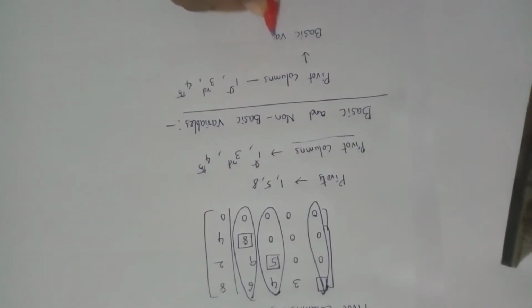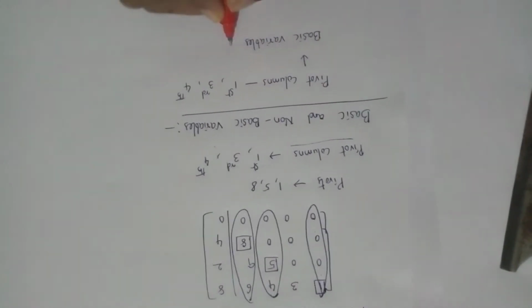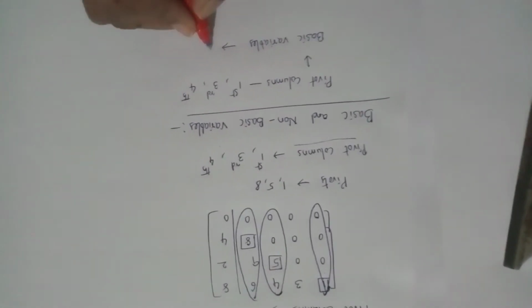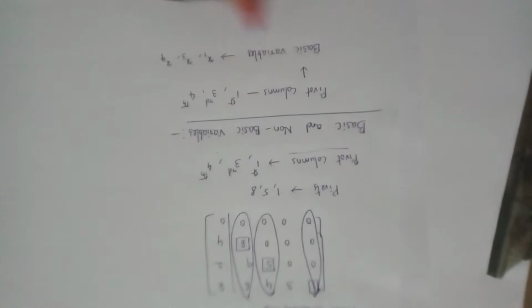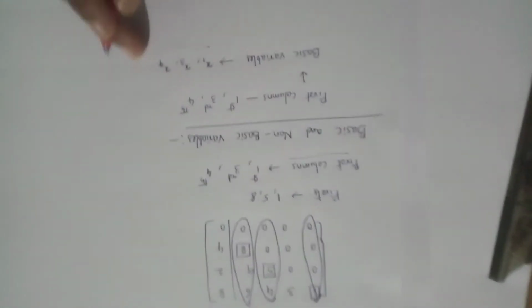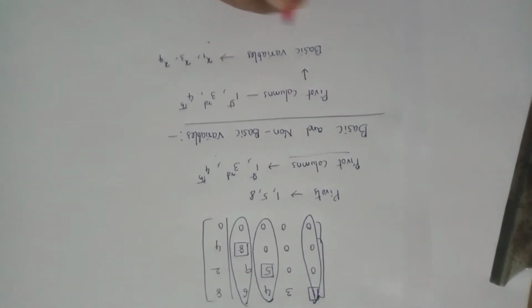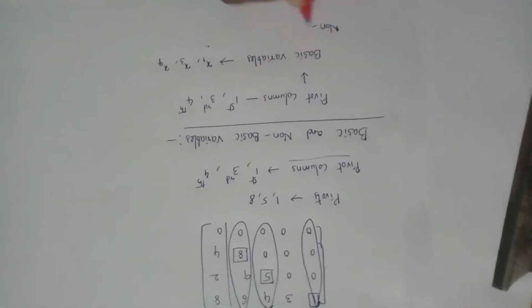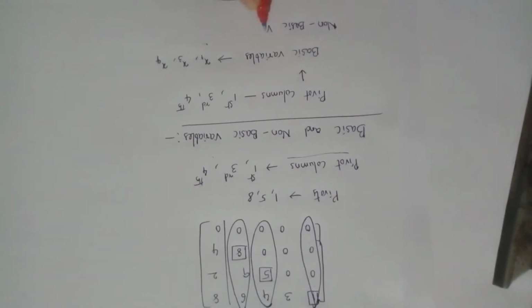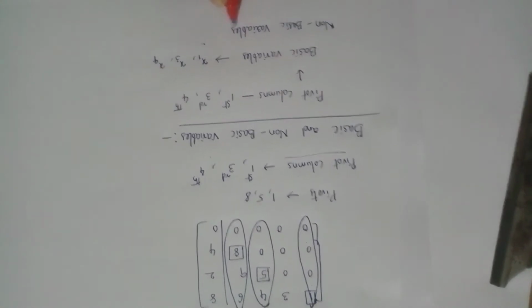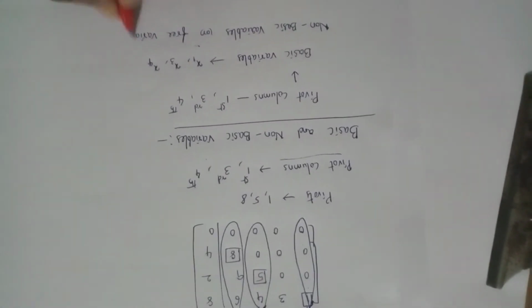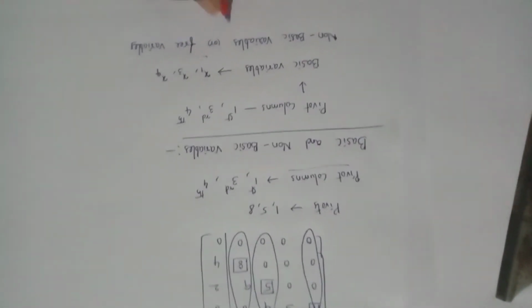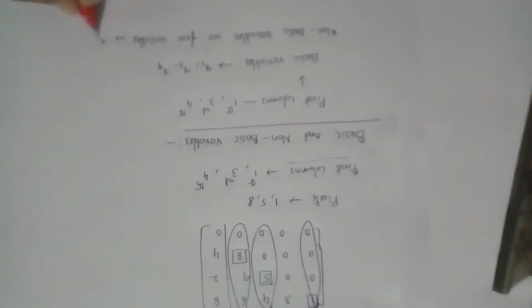In these basic variables, the first column is x1, the third column is x3, and the fourth column is x4. The remaining three columns are called non-basic variables. These are also called free variables. In our example, that is x2.